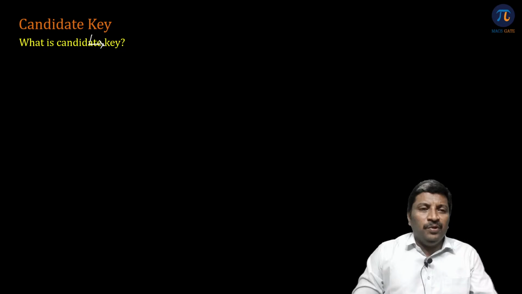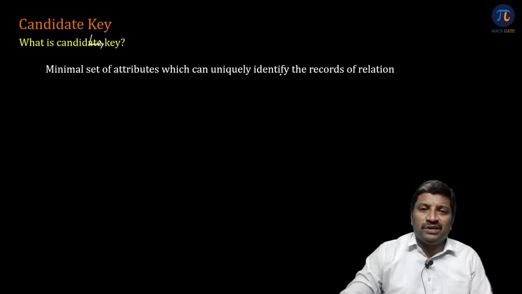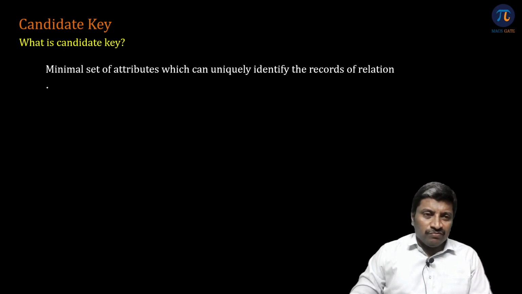Fine. So what is a candidate key? A candidate key is a minimal set of attributes which can uniquely identify the records of a relation. For this, we have seen so many examples.